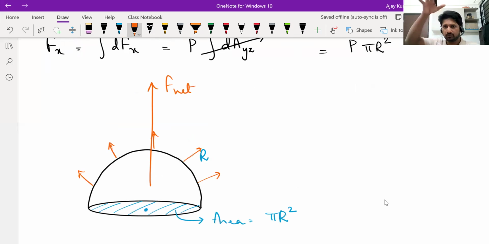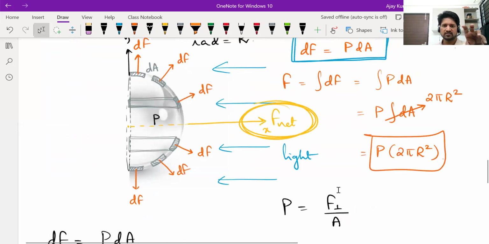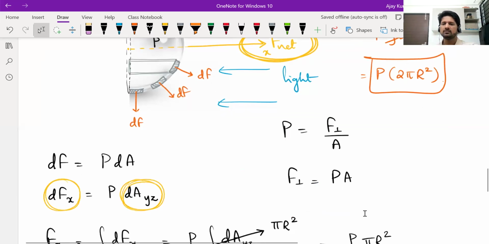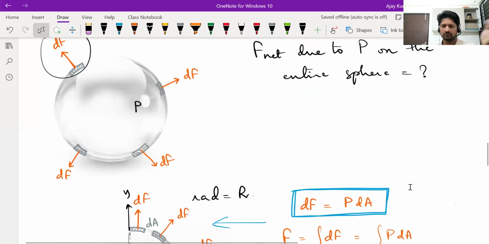And the hemisphere projected perpendicular to that force becomes a circle. So that circle's area is what matters in the calculation of force. So if the pressure is P inside a bubble or a balloon, which has a radius r, then on one hemisphere, the force acting will be P into pi r square. On the complete sphere, it is zero. That also we have visualized already.